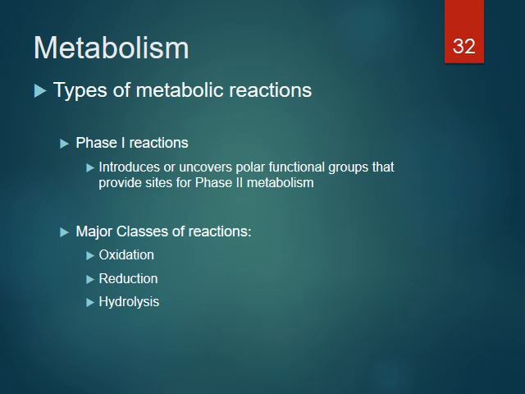So phase 1 reactions will be definitely one of the more common ones that we'll be talking about. And again, these are really working to either introduce or uncover a polar functional group that provides a good site for phase 2 metabolism to occur. The major classes of reactions we can see here include things like oxidation, reduction, and hydrolysis.